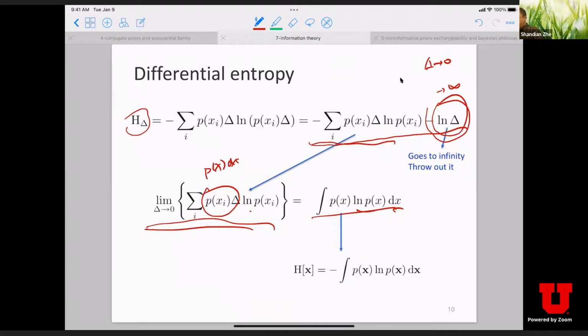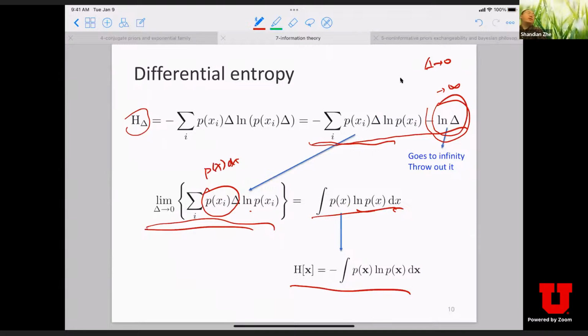So now we get our definition of the entropy for a continuous random variable: H of x equals negative integral of P of x logarithm P of x dx. This is how our commonly used entropy comes from.